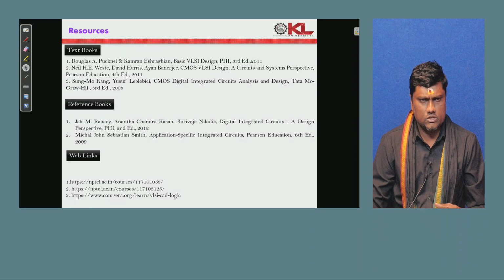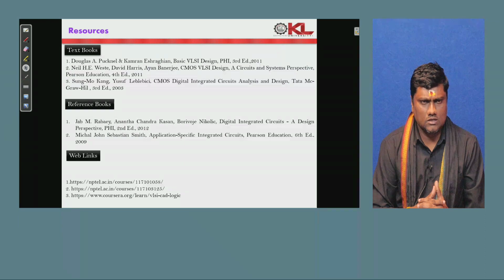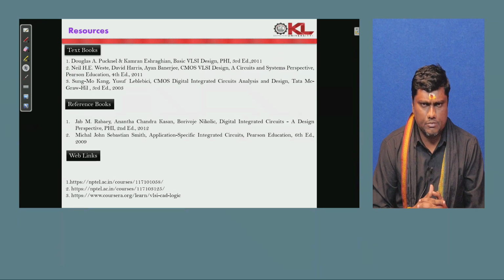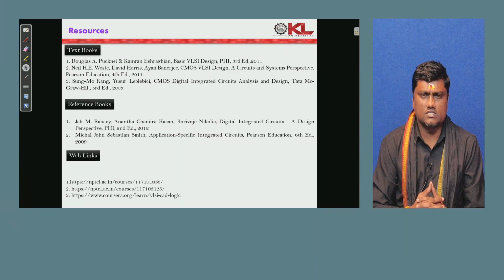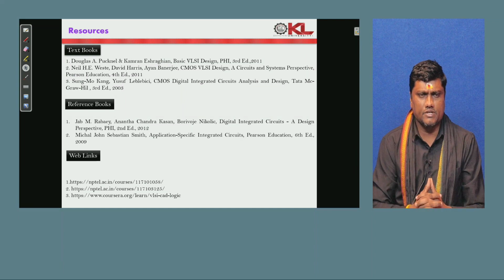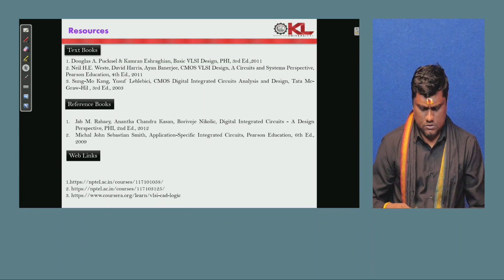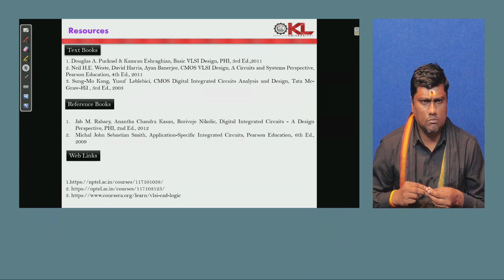These are the textbooks referred for CO1 as well as for the other COs. The famous textbook is Douglas A. Pucknell, Basic VLSI Design, PHI Publishers, 3rd edition, 2011. Neil Weste is another textbook, referred for the second and third CO: CMOS VLSI Design, Circuits and Systems Perspective, published by Pearson.